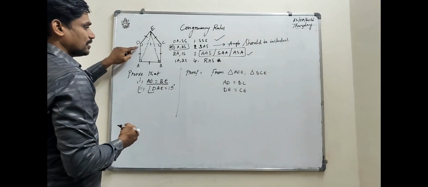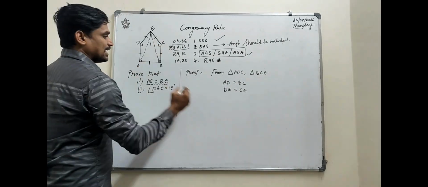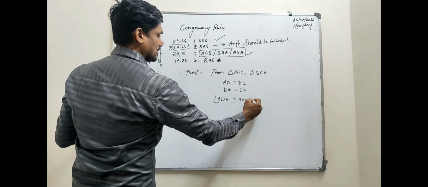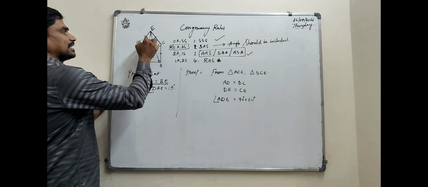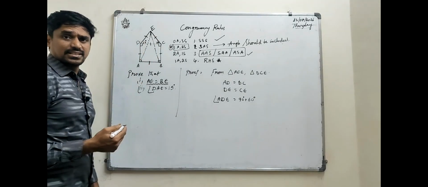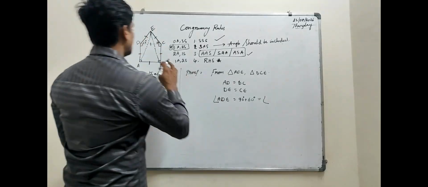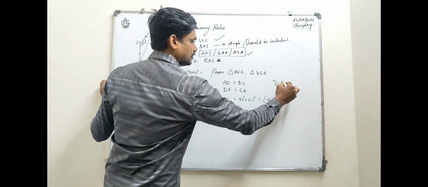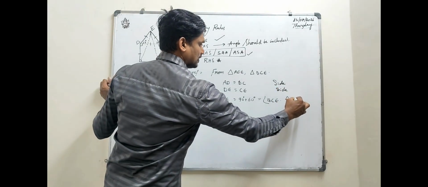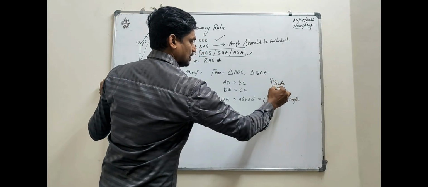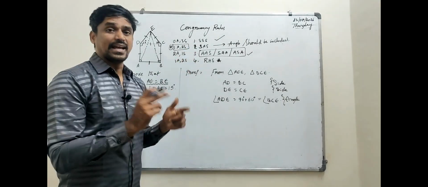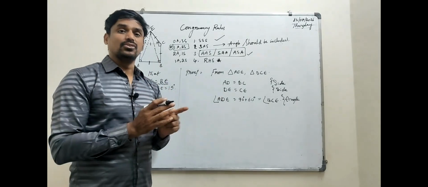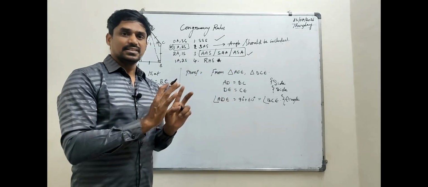And now, angle ADE is equal to 90 plus 60, because this is an equilateral triangle, each angle is 60 degrees, and this is 90 degrees, which is equal to angle BCE as well. So now we have a side, another side, and an angle. So two sides and one angle. If two sides and one angle, make sure that angle is included. As it is 150, which is not a right angle, that angle must be included. Then only by SAS both are congruent to each other, otherwise they are not.